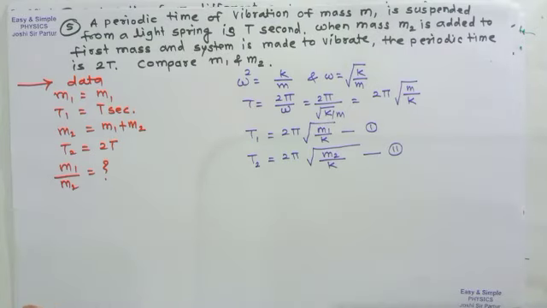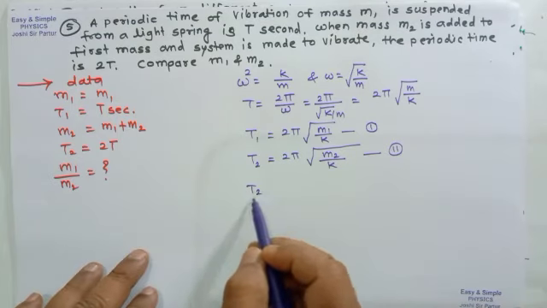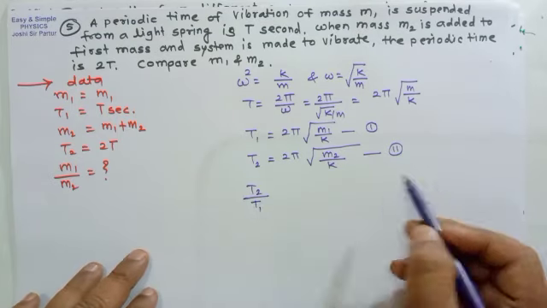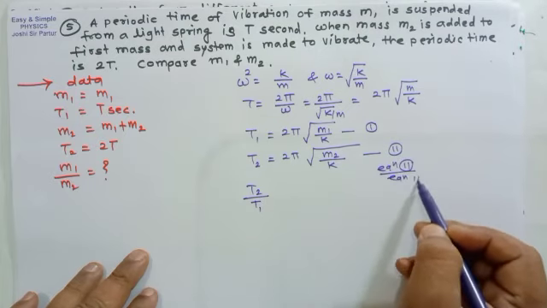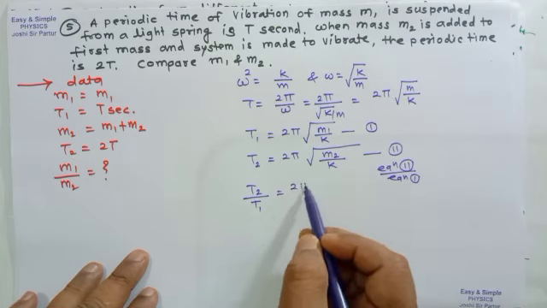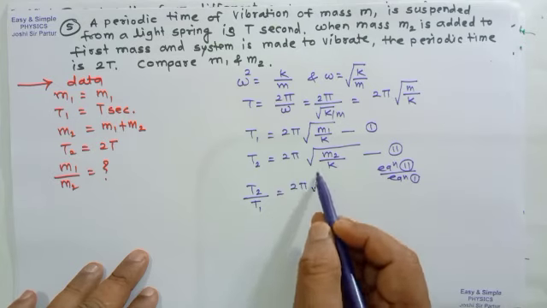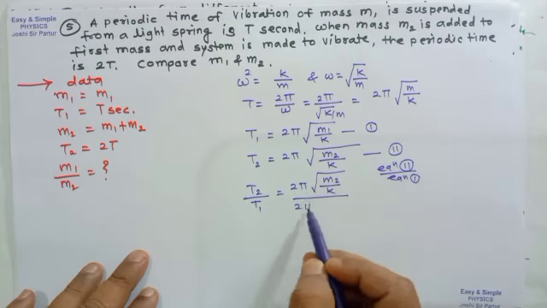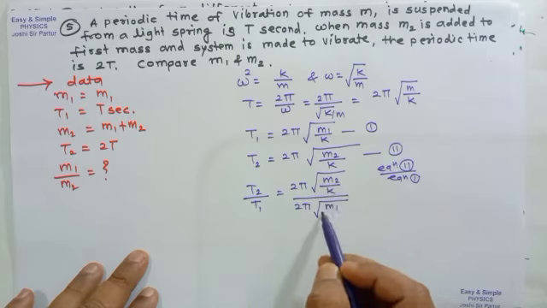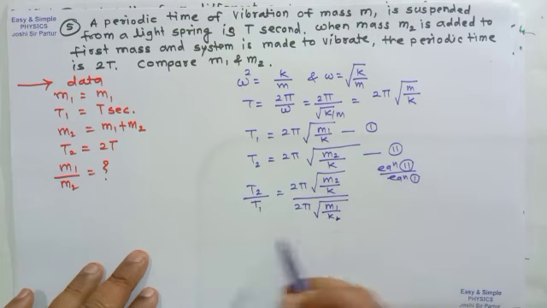If we compare T2 upon T1, or if we divide equation 2 by equation 1, what happens? 2π square root of m2 upon k upon 2π square root of m1 upon k. So the 2π gets cancelled.